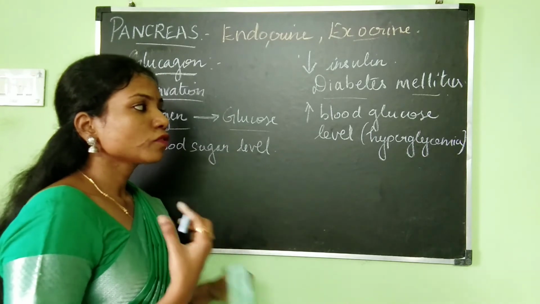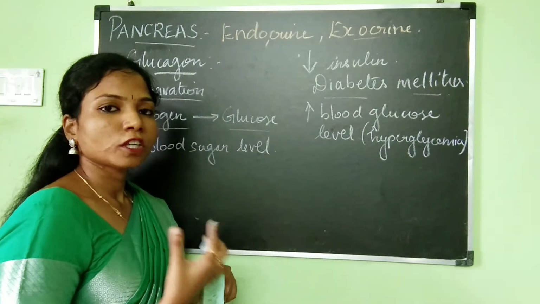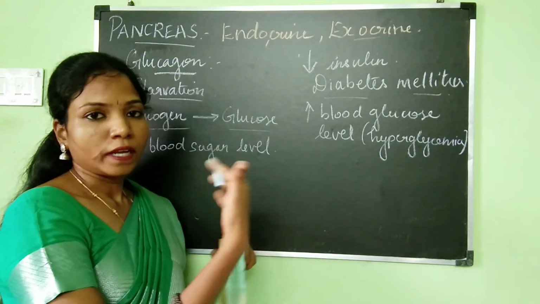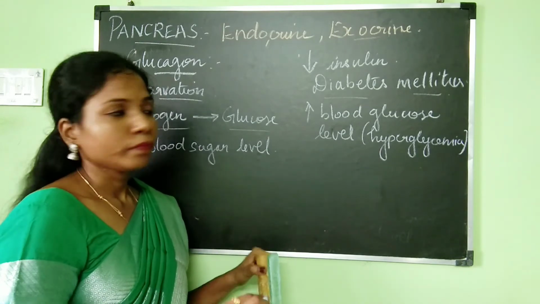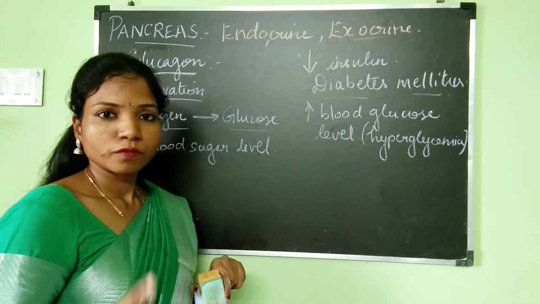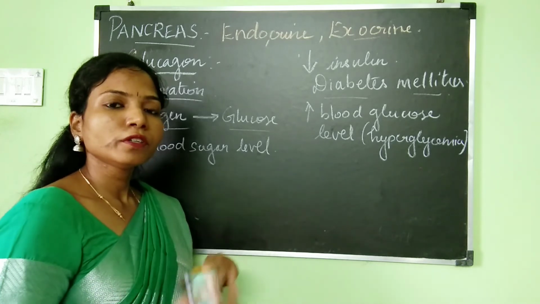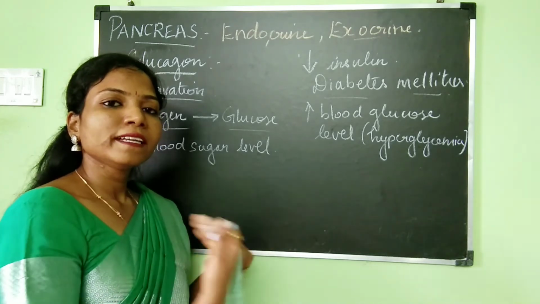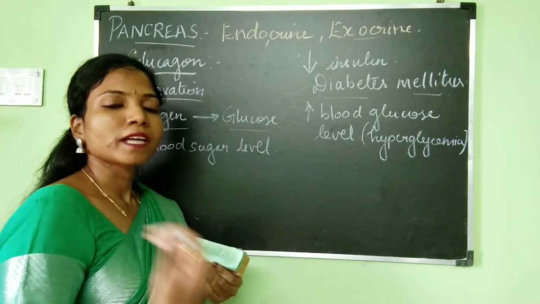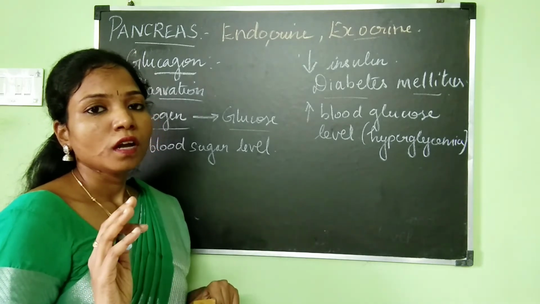So what is going to happen to this glucose which is circulating in the blood? At one point of time, the blood will reach the kidney for filtration so that urine is going to be eliminated. The kidney will start to filter the glucose as well and send it out of the body.